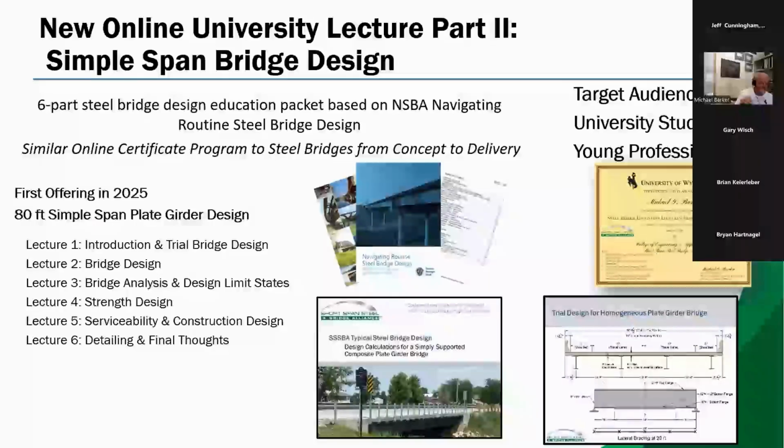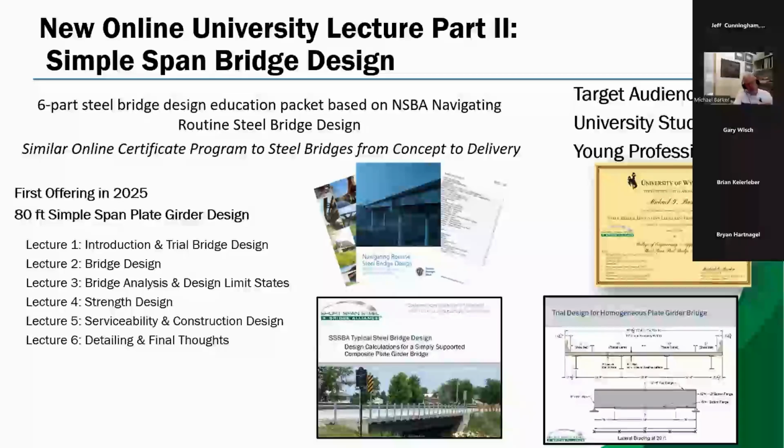This is a simple span steel bridge design online workshop. Still, it's going to be a certificate program shown on the top right there, but we're going to go through an 80-foot simple span plate girder design, kind of like that one we just saw in that example using eSpan 140. And you can see the different lectures there.